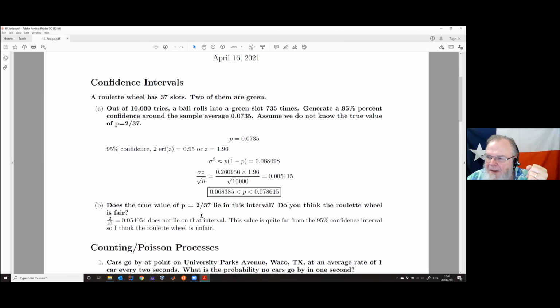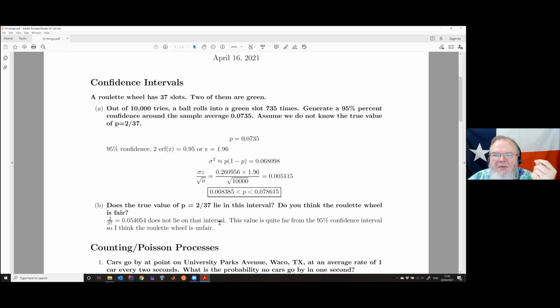And as the value 2/37 is much lower than the lower bound of the 95% confidence interval, we are 95% sure that the probability lies within this interval. So this number is far away to the left, and probably the roulette wheel is unfair.